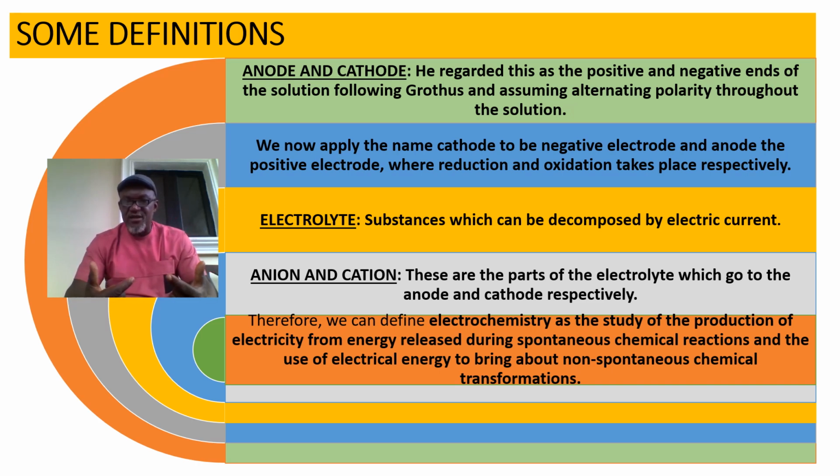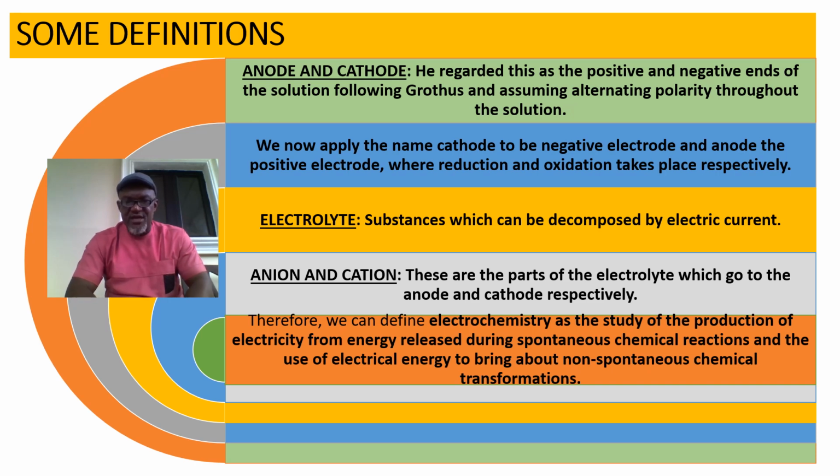That's why if you put a bulb to that, you see the bulb will be shining, because that spontaneous chemical reaction will produce electricity. That is the flow of electrons. Electrons coming from the anode going to the cathode, in the external circuit. Of course, we are going to see that later.